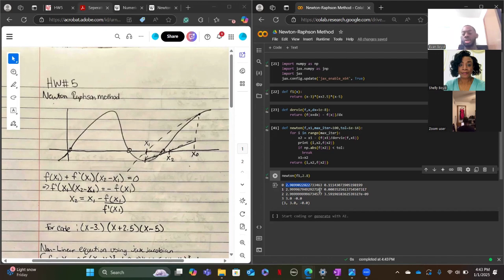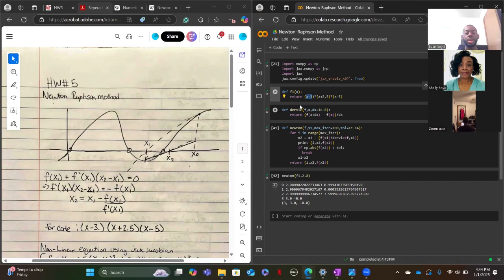At the fourth iteration, it was lower than our tolerance threshold, so the function broke off, and we know that our root is 3, and of course the function value there will be 0. And if we check, it does match up, because one of the factors in our function is x minus 3, which means our root is equal to 3. So yeah, it worked. All right.